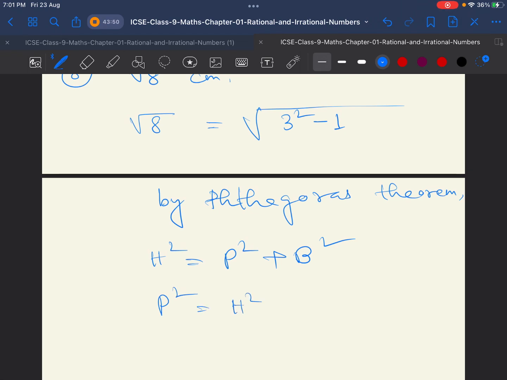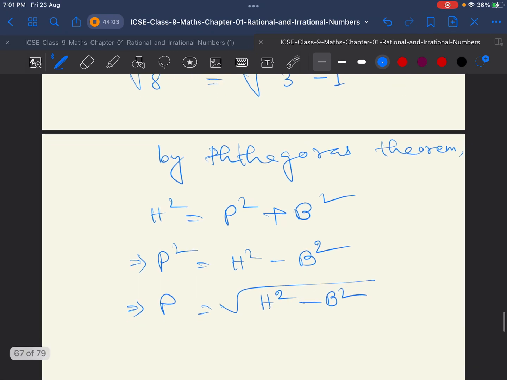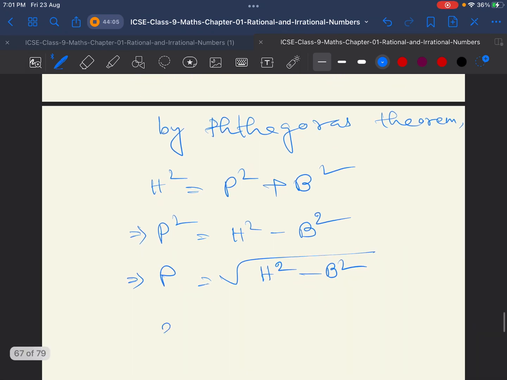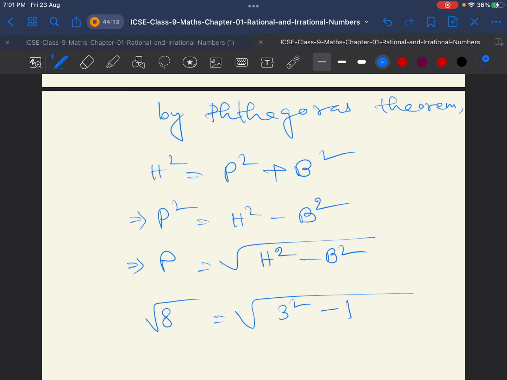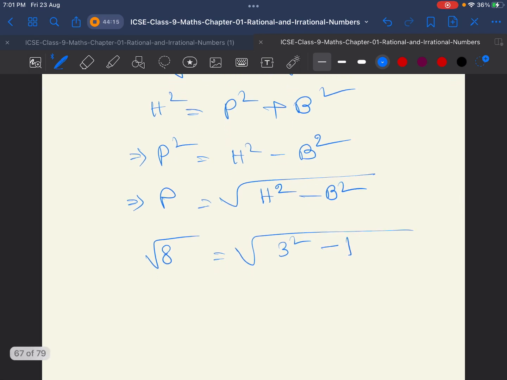So perpendicular equals the square root of hypotenuse square minus base square. So P is root 8, which equals the square root of hypotenuse 3 square minus base 1 square. So P is root 8, the hypotenuse is 3 and the base is 1.